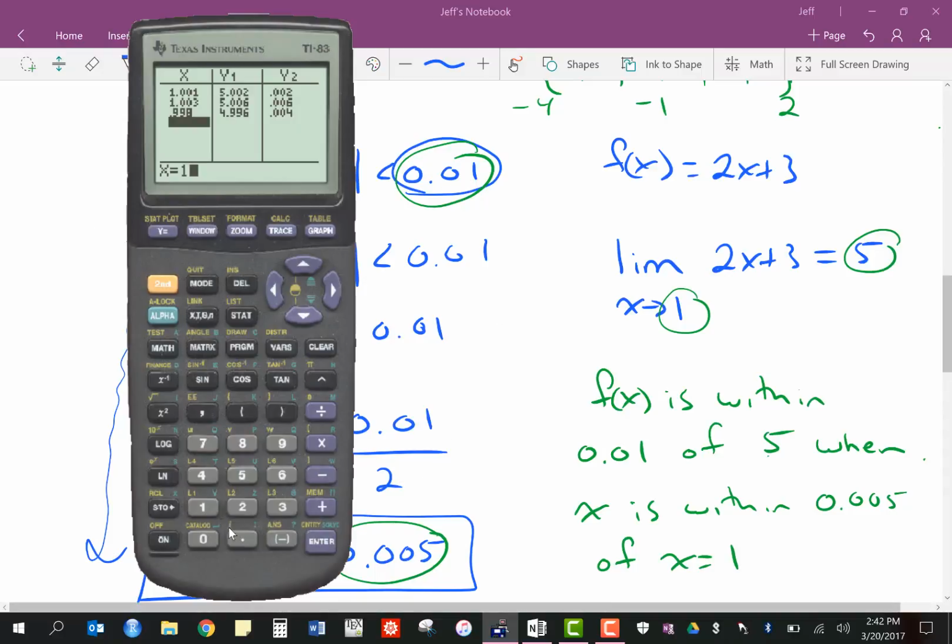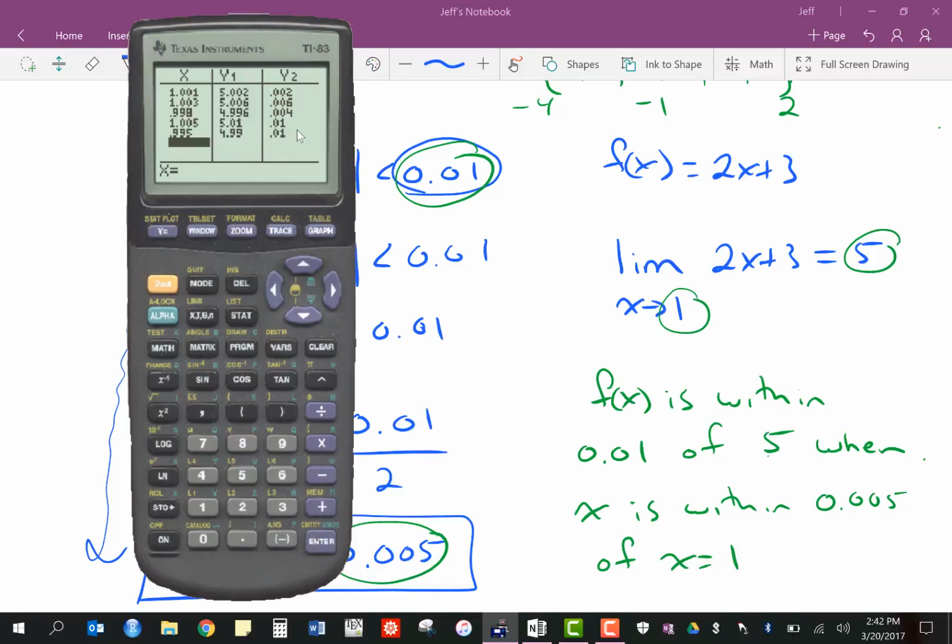Also notice that if I plugged in exactly 1.005, that's as far away from 1 as I'm allowed to be, then I get exactly the tolerance that you gave me, 0.01. If I go on the other side, 0.995, I should see the exact same thing, and I do, right? It's on either side of the value of 5, but I get exactly that tolerance.